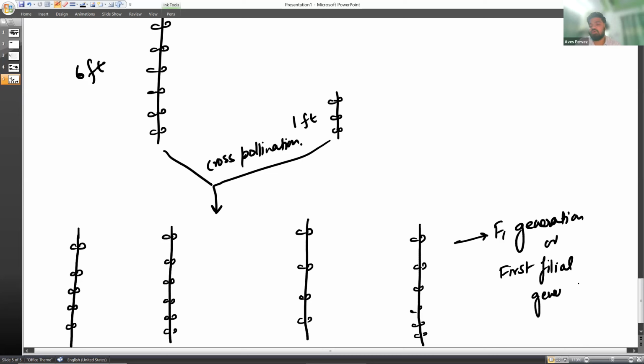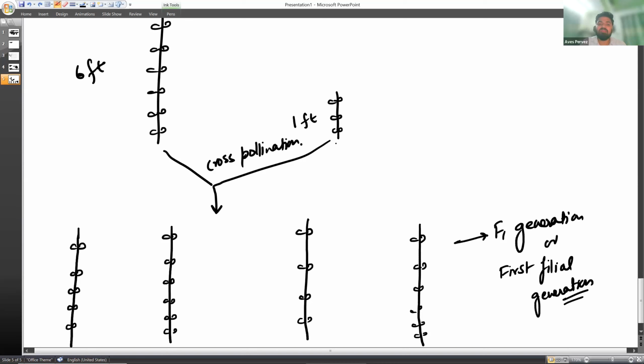Always keep in mind that whether it is a monohybrid cross or a dihybrid cross, if we are getting the same type of characters, the same type of gene, like capital T, small t, all same, not different, then all plants are of the same character. If it is round yellow, then all are round yellow. That generation is considered the F1 generation, because in the F1 generation we get the same kinds of plants. All were the same. Got it?